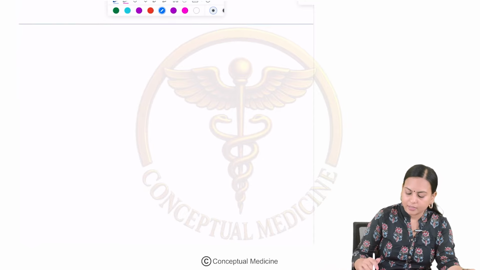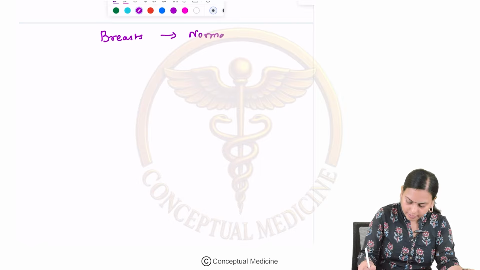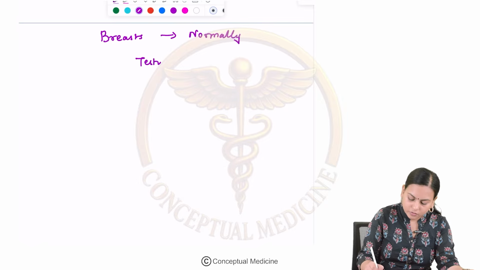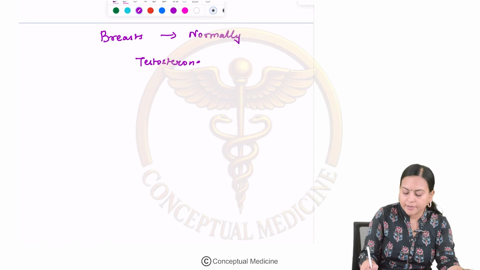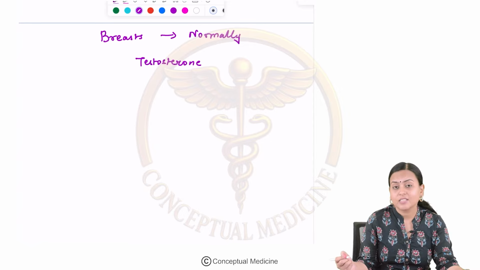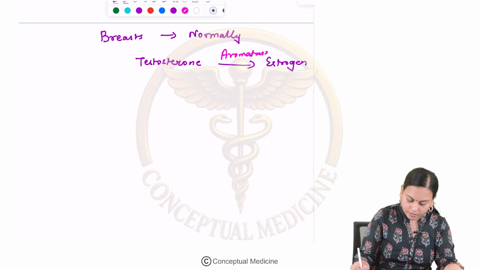Okay, and then breasts usually develop normally because the testosterone, whatever is present, is not acting on the androgen receptor only, but the mechanism of conversion of testosterone into estrogen by the enzyme, yes, very good, aromatase is going to happen.